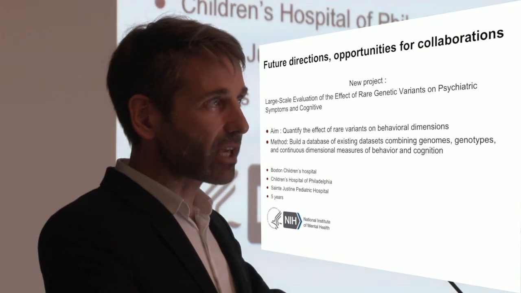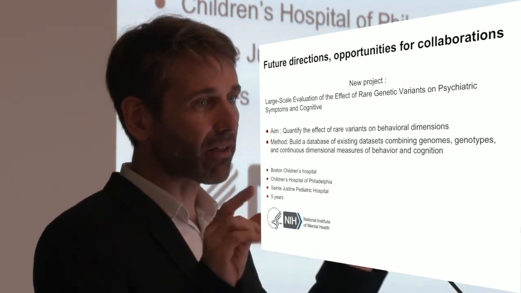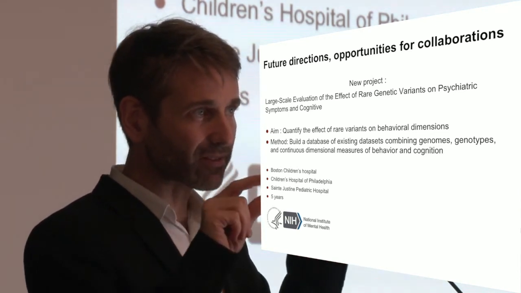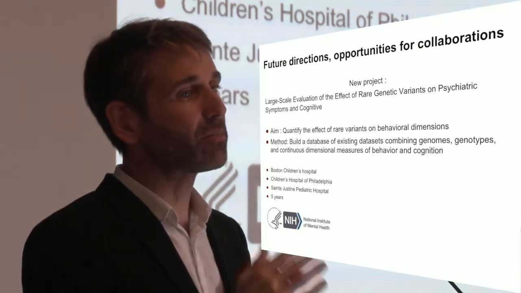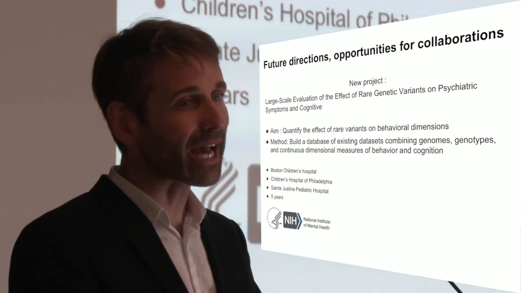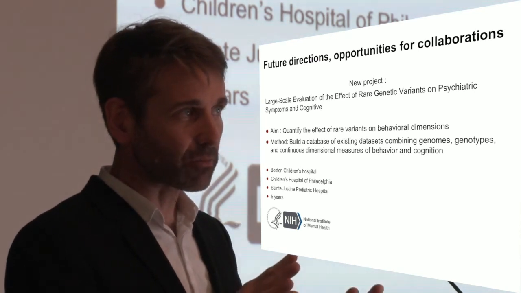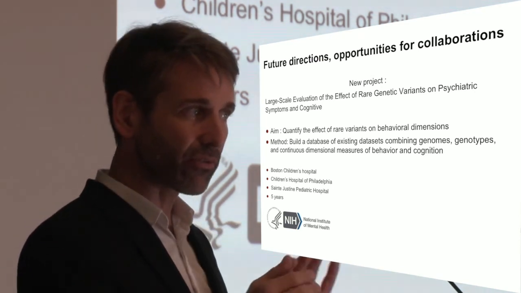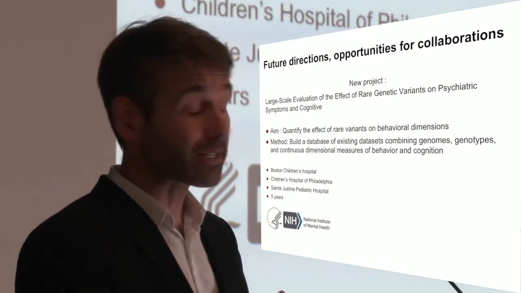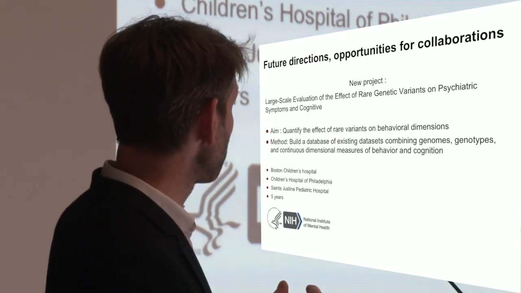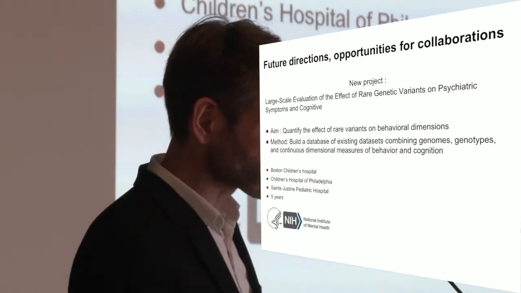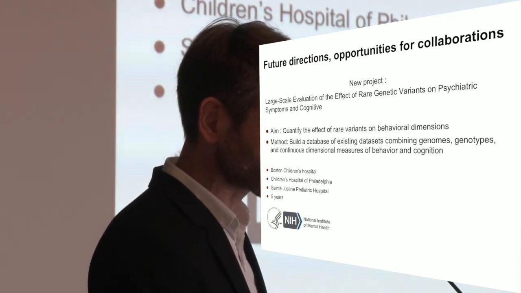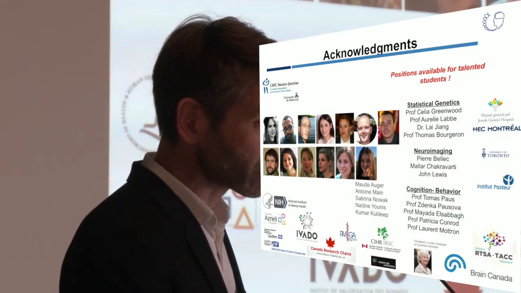So sort of get a genome-wide scan on the quantitative effects of all these mutations on specific cognitive and behavioral dimensions. Because when you start doing that, you realize that the mutations that you see in the clinic are doing funky stuff, not necessarily what you expect. And so this is a 5-year project. It's just starting. So if you have cohorts like this, we'd be really happy for you to collaborate on this.